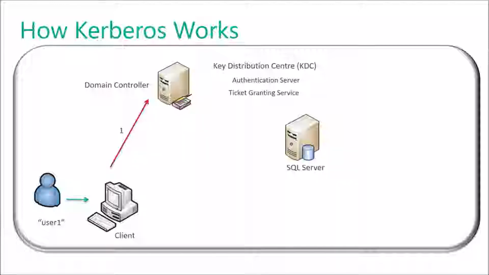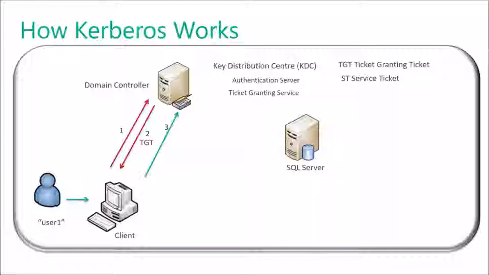It then grants the client a TGT, or a ticket granting ticket. Think of a TGT as a general admission ticket to the domain. It allows the user permission to get onto the domain, but not necessarily access any specific service. When the client wants to connect to the SQL Server, the client uses its TGT to request a service ticket from the KDC.